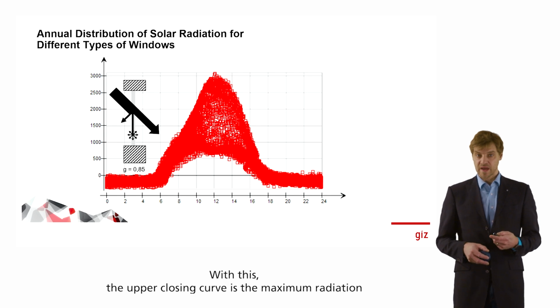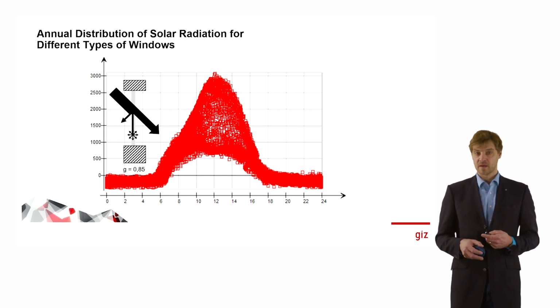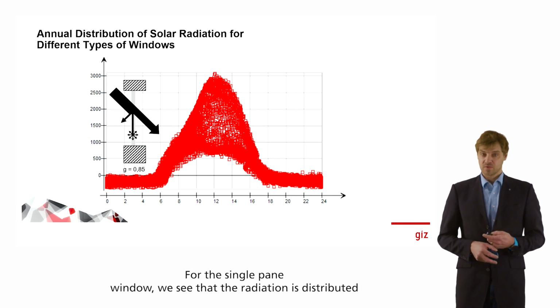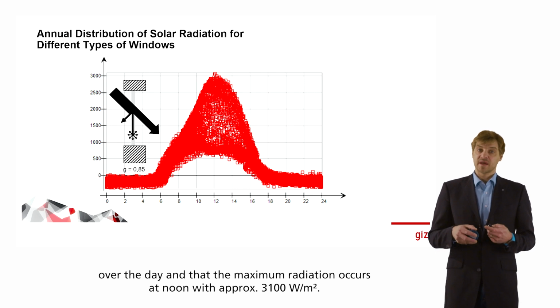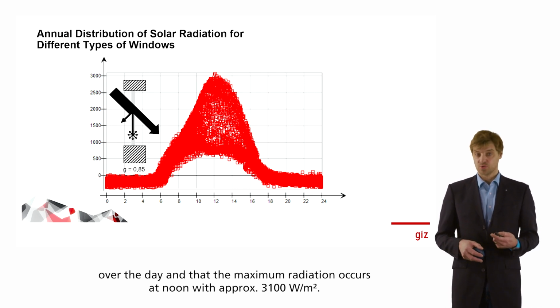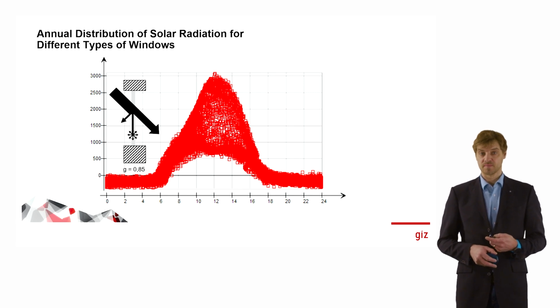With this, the upper closing curve is the maximum radiation into the room, which is presented as a solid line later on. For the single pane window, we see that the radiation is distributed over the day and that the maximum radiation occurs at noon with approximately 3,100 watt per square meter.